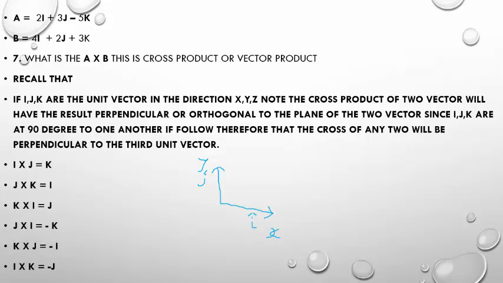So if I'm doing i cross j, my answer will be perpendicular to the plane of i.